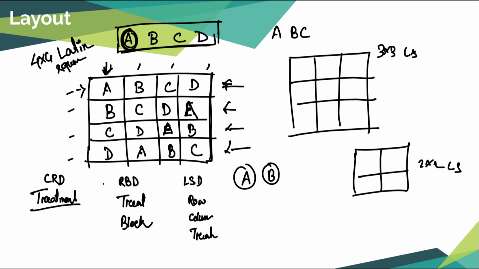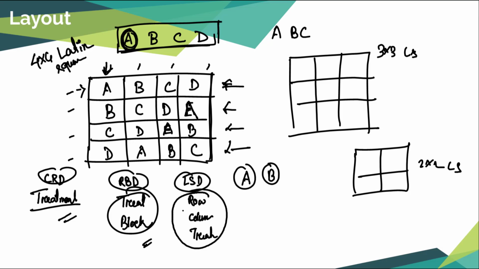So with every design, we are increasing the number of factors that can be tested. CRD is useful if you are testing only one criterion. RBD is useful if you are simultaneously testing 2 criteria. LSD is useful if you are simultaneously testing 3 criteria, right?